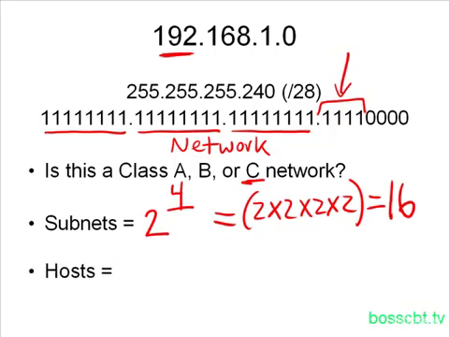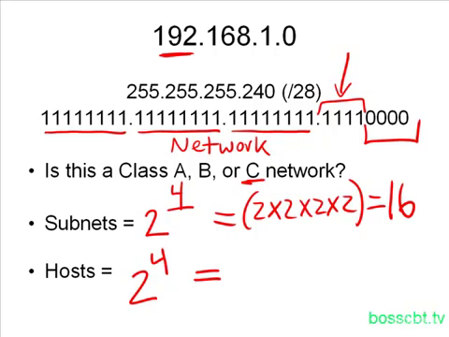If we move on and now look at the hosts, our formula here is 2 to the power of the number of host bits. Well, we stole 4 bits to make this subnet mask, so we only have 4 host bits left. We plug that in our formula here, and in fact it's the same as the subnets.